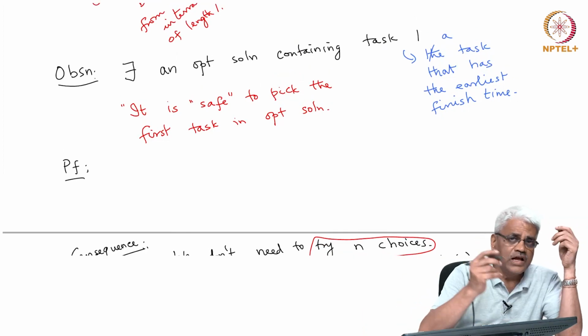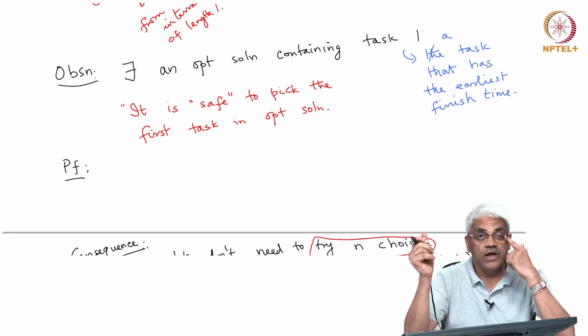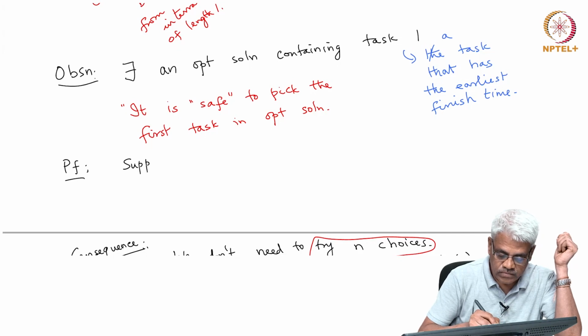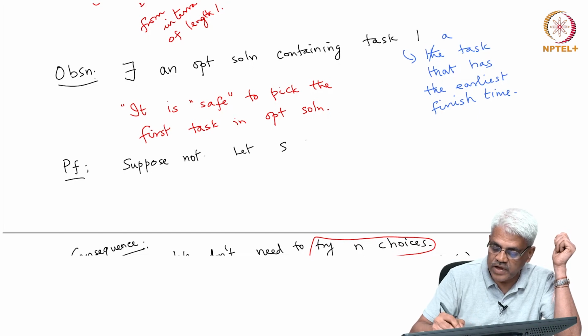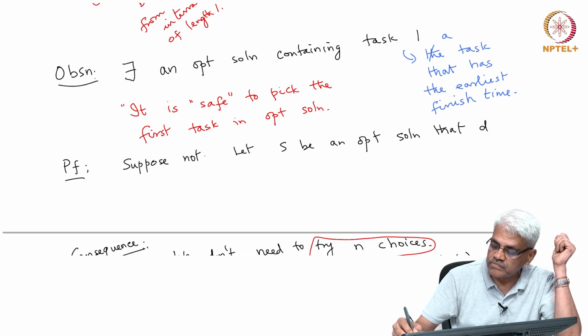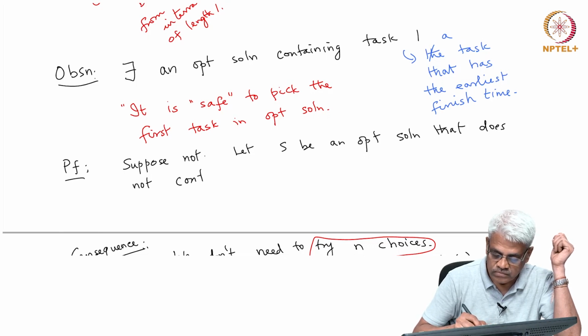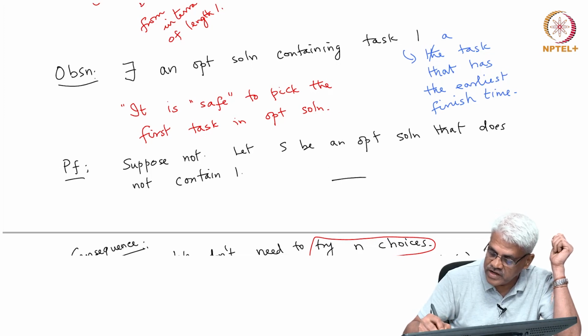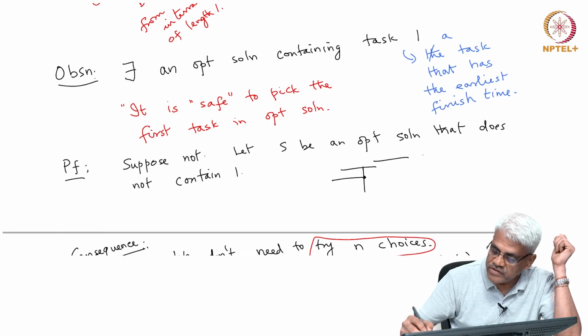The proof follows, again it is a standard template. Suppose not. Let S be an optimum solution that does not contain 1. Which means I have a bunch of jobs. So, this is my earliest finish time, and then there are several other jobs.